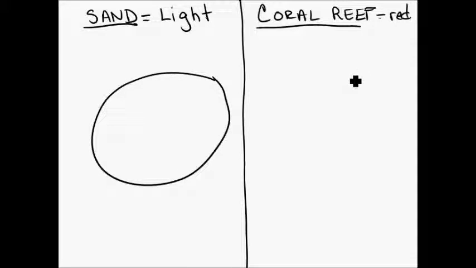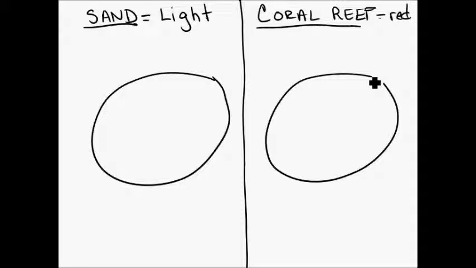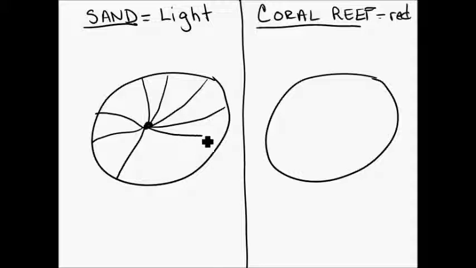So I'm going to draw the skeleton of two cells here, for both sand and the coral reef. In both cells, I'm just going to show a centrosome as a dot, and then all the microtubules are attached to that centrosome at their minus end, right? The plus end is at the far end.